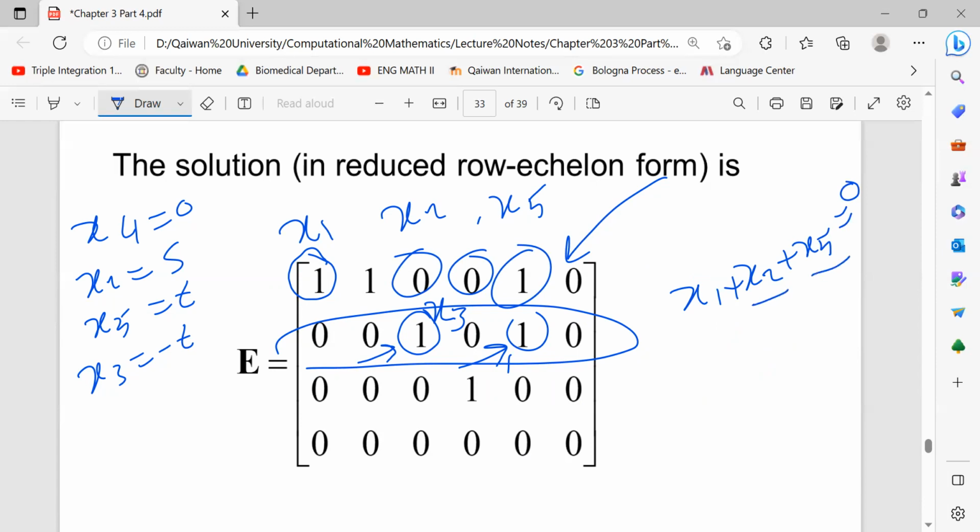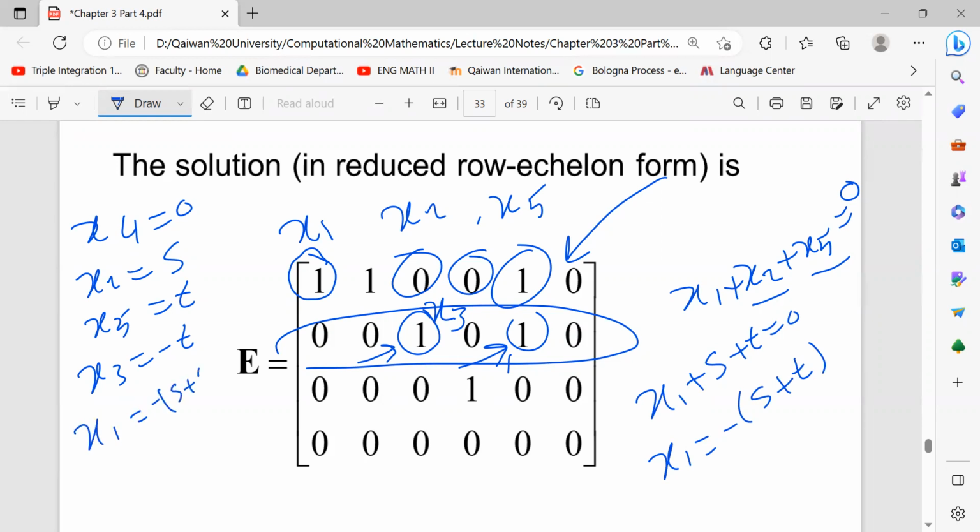We just replace them here. x5 is t, and x2 is s. So x1 plus s plus t equals 0. So x1 is minus s minus t.